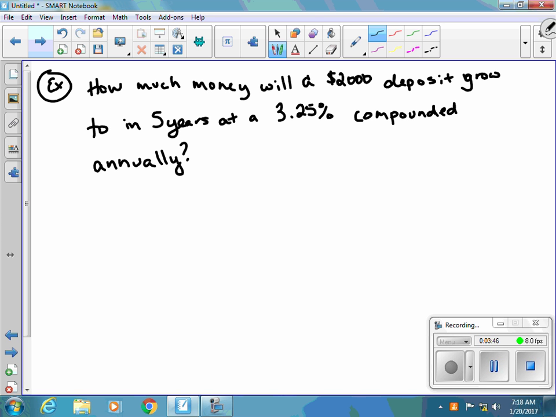So with this, we have to use that formula. So we have A equals P times 1 plus R over N to the power of NT. Okay, so just as a refresher of what we're putting where, A is what we're trying to find.